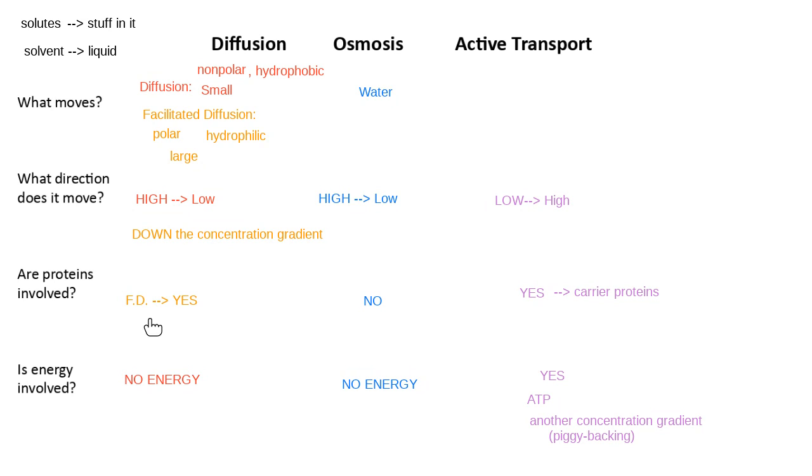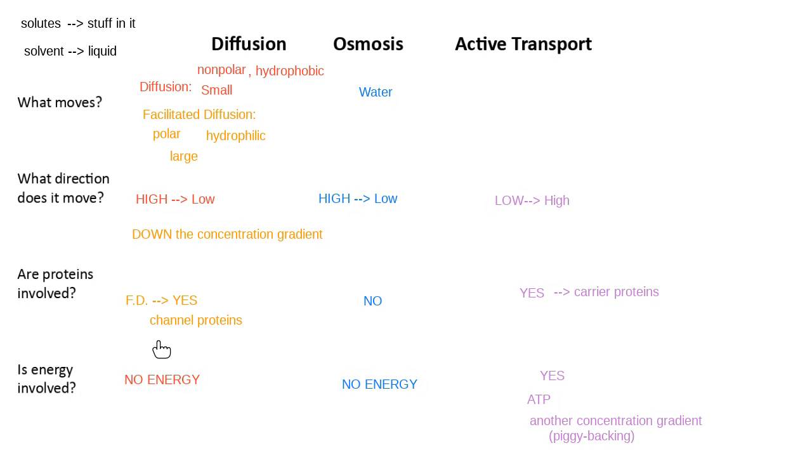Over here, when we're talking about facilitated diffusion, the kind of proteins that we're using are channel proteins.